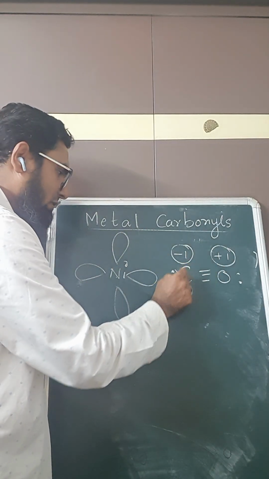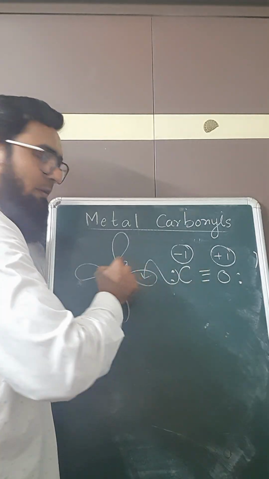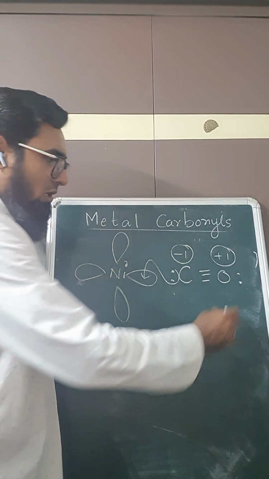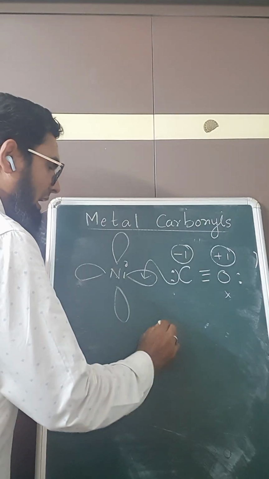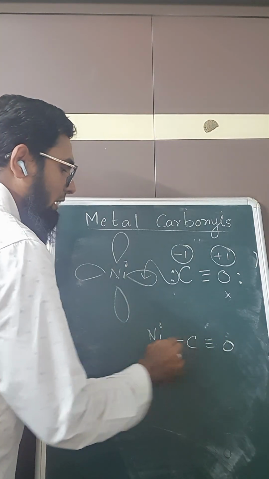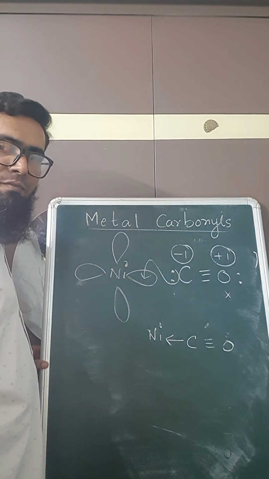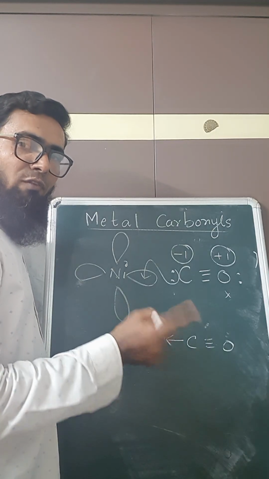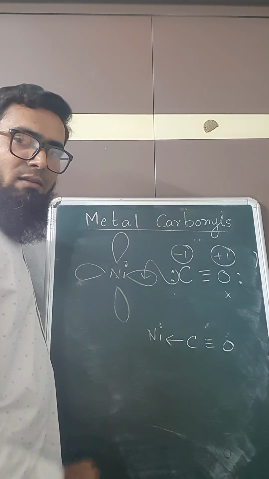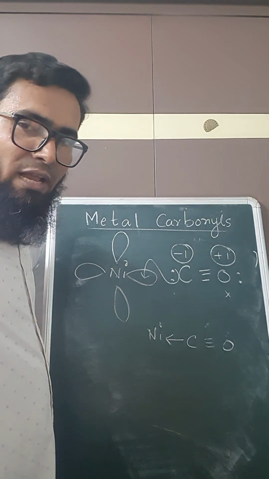So it is carbon which gives the electron pair to nickel, not oxygen. Thereby, between nickel and CO, a coordinate covalent bond is formed. Like this, 4 CO groups will form coordinate covalent bonds with nickel, thereby forming Ni(CO) taken 4 times.